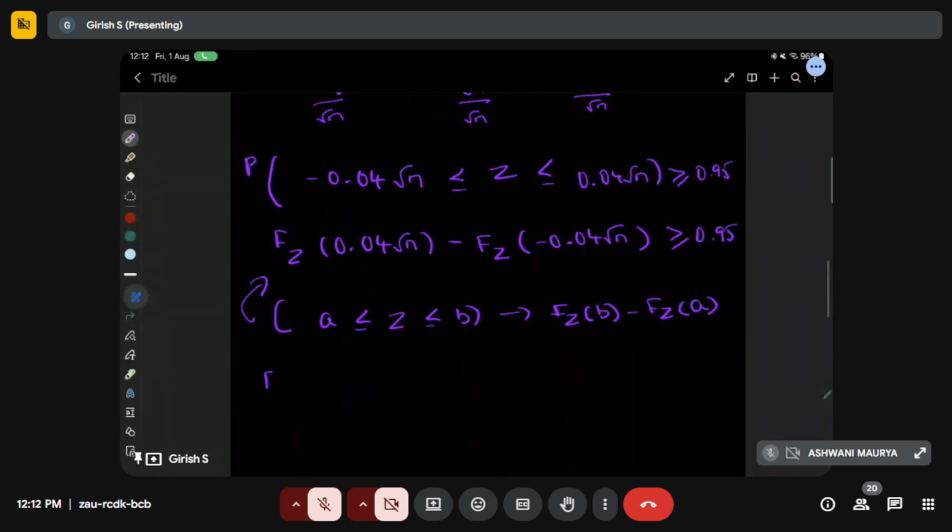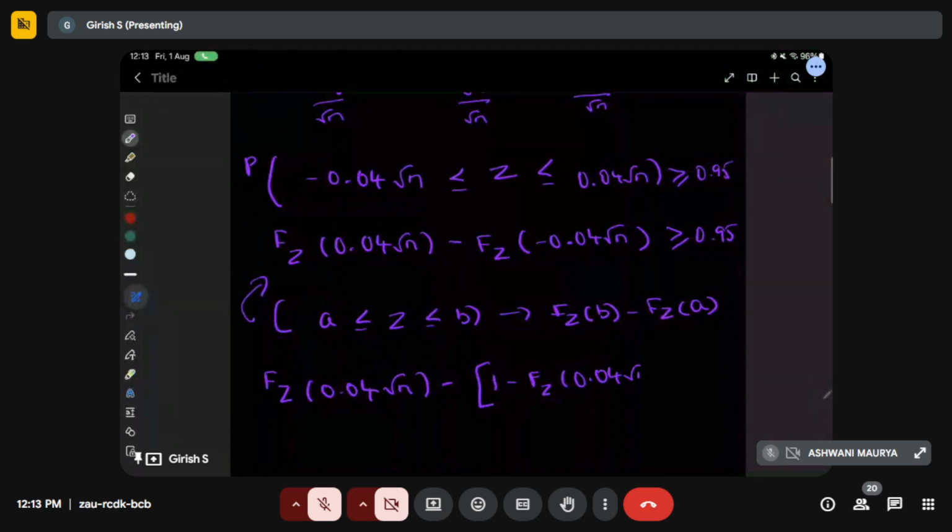Now what we can do, this can be written as, can I write this thing as 1 minus Fz of 0.04 root n? Yes, we can.